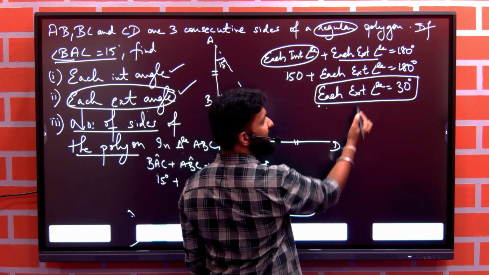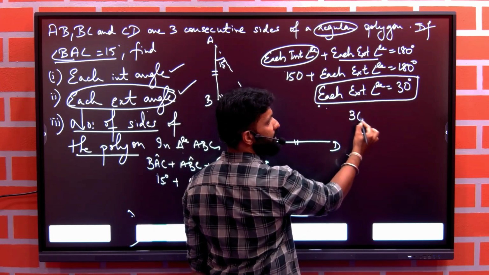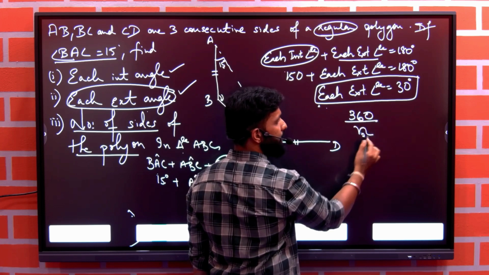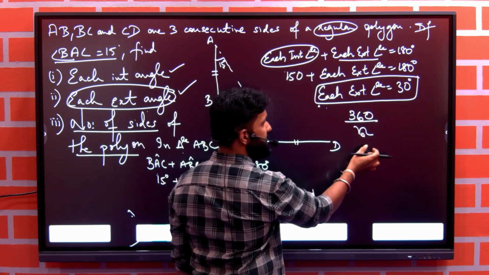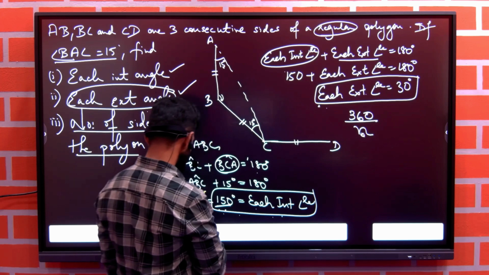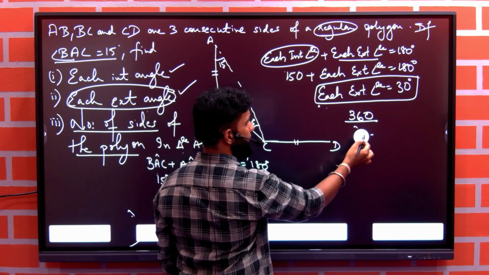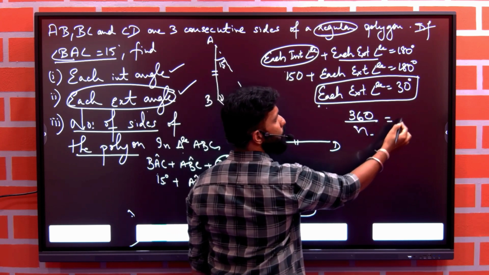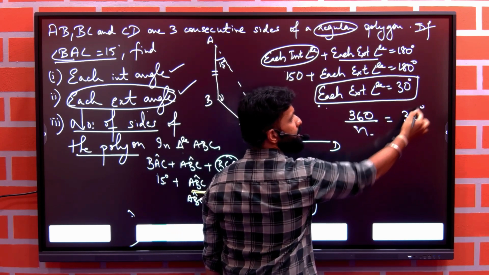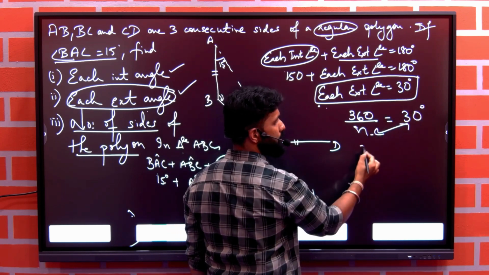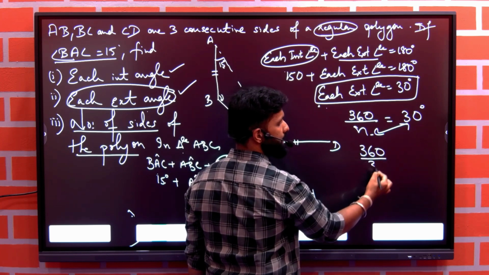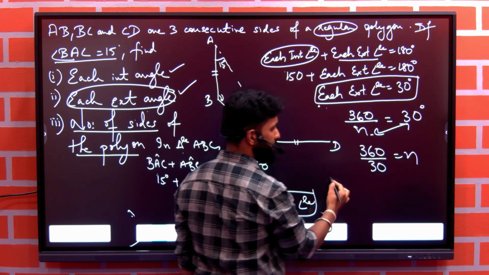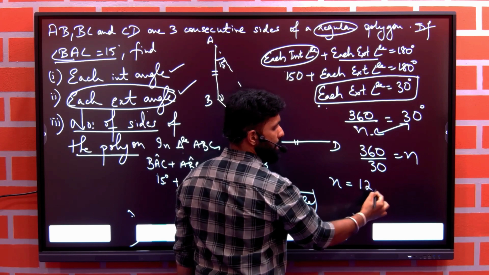So instead of each exterior angle, can I write the formula 360 divided by n, right? Is equal to, the value is given as 30 degrees. Now just swap these two. So 360 divided by 30 is equal to n. So I'm getting n as 12 sides.